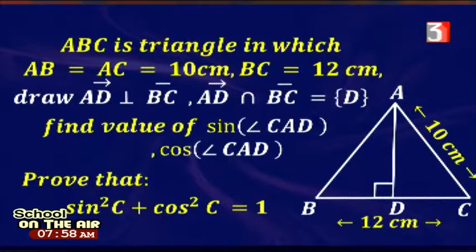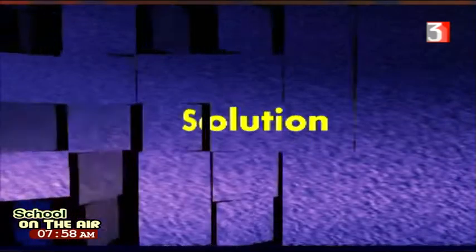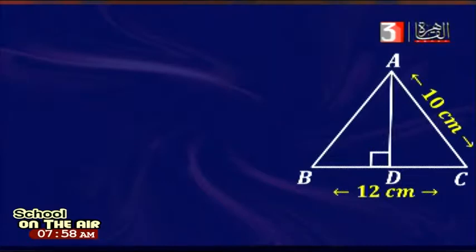Now, let us see how we can find these requirements. At the very beginning, you have triangle ABC, which is an isosceles triangle, as there are two equal sides, AB and AC. Each of them equals 10 centimeters.